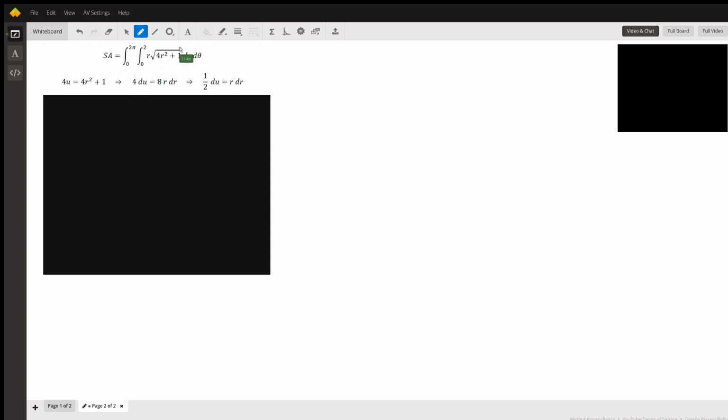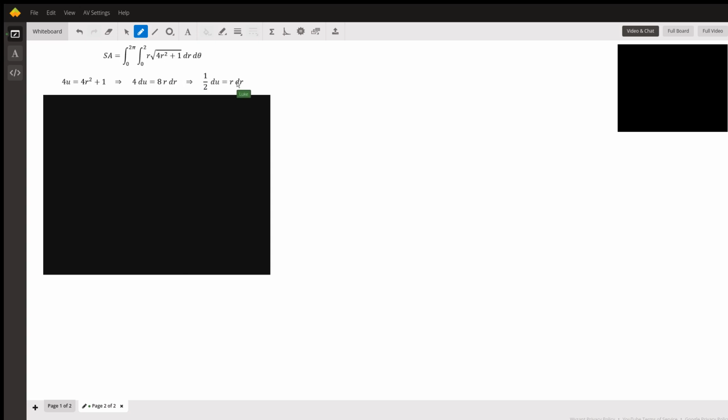So that 4 times du is equal to 8r dr, because you take the derivative of both sides and put their respective differential. So the derivative of 4u is 4 du. The derivative of 4r squared plus 1 is 8r plus 0, so we just do 8r dr.